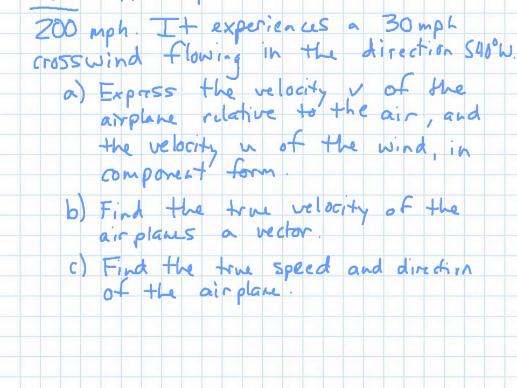Then find the true velocity of the airplane's vector, so I need to add the wind and the airplane's velocities to get the true velocity. And then true speed would be the magnitude.